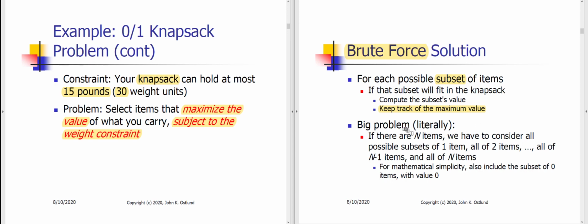All right, so this is a big problem in a literal sense. If we've got n items that we are considering carrying along with us, then we have to figure out how many subsets there are that contain just one item each, how many contain 2 items each, all the way up to how many contain n-1 items each, and then of course finally we have the one subset that consists of all of the items.